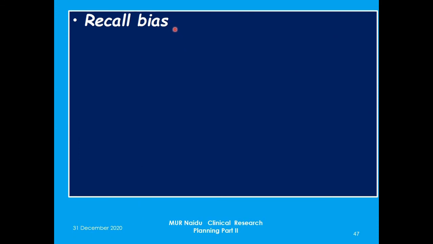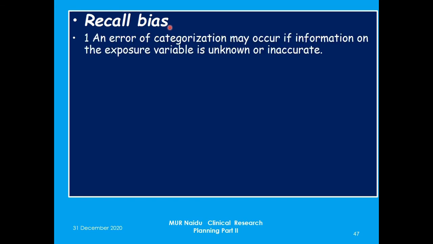Recall bias, this is mostly because of misinformation, or there may be some information from the media which the participant has understood, and due to that this type of recall bias occurs.